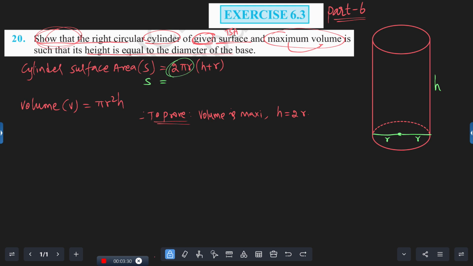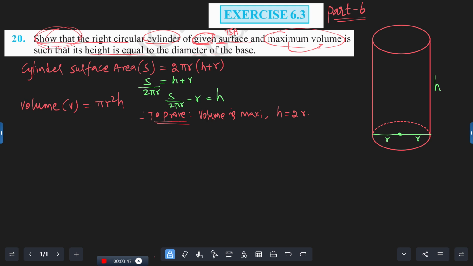So this multiply 2 pi r, when you send it opposite, divide by 2 pi r, equals h plus r. This plus r you send opposite. What I am getting is S by 2 pi r minus r, which is equal to h.